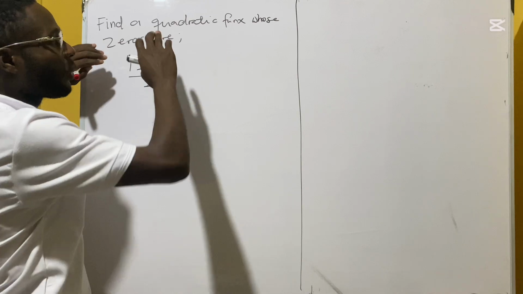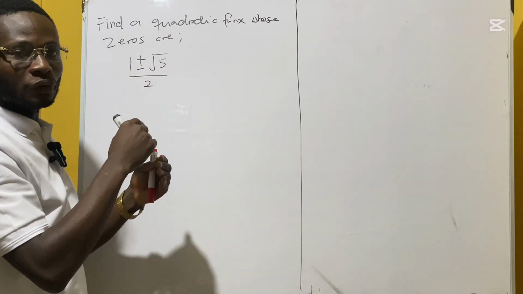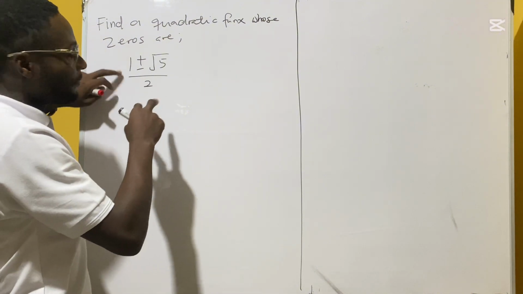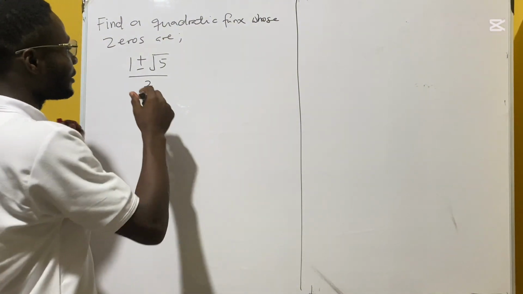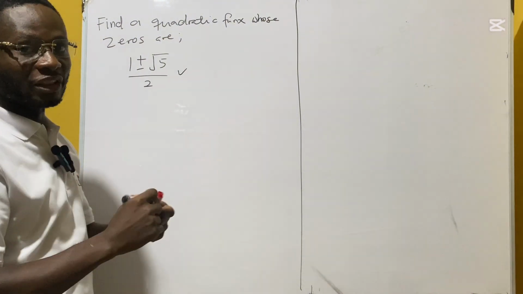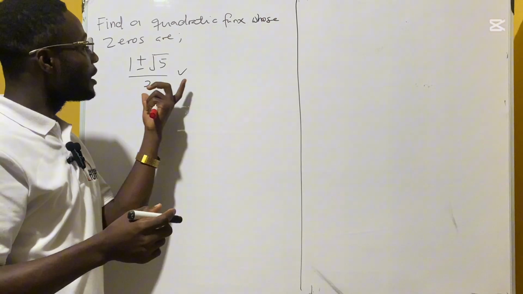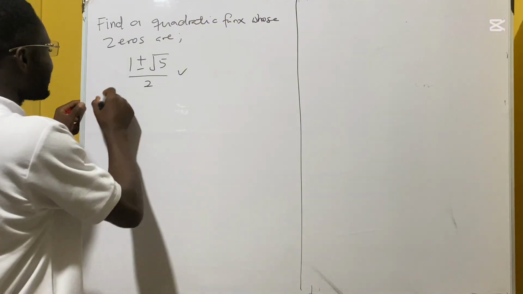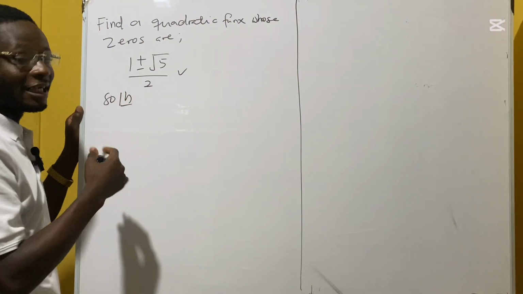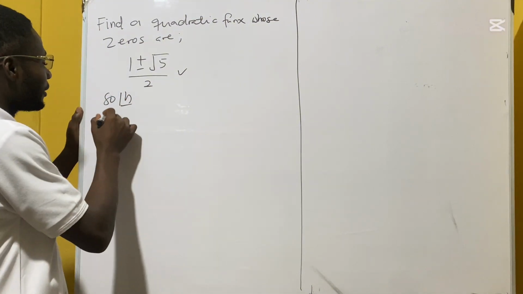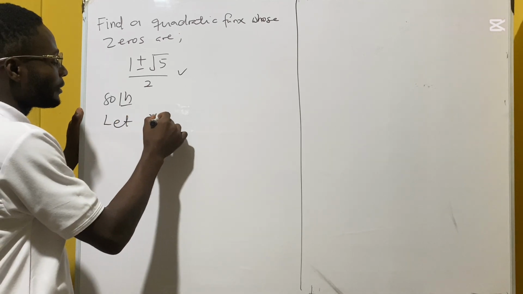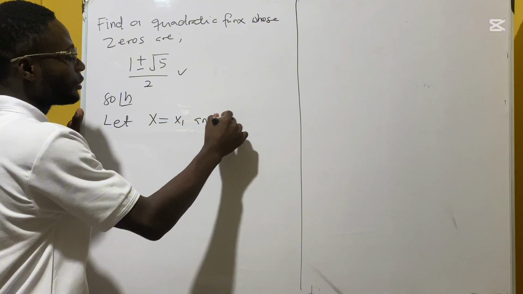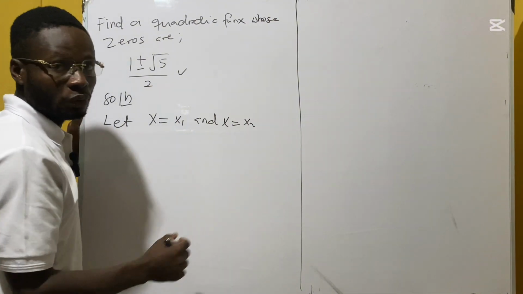We have to find a quadratic function whose zeros are (1 plus or minus square root of 5) all over 2. So this is just a question, and we are interested in the quadratic function whose zeros have been given here. As we did for the proof, let x equal x1 and x again equal x2, right?